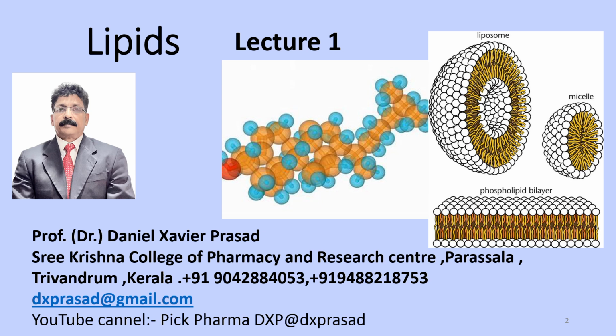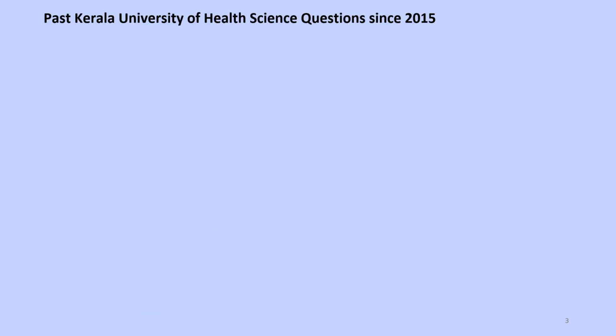Some of the things you might have studied in your earlier classes. I have taken some of the past Kerala University of Health Sciences questions since 2015 just to have a glance at them.